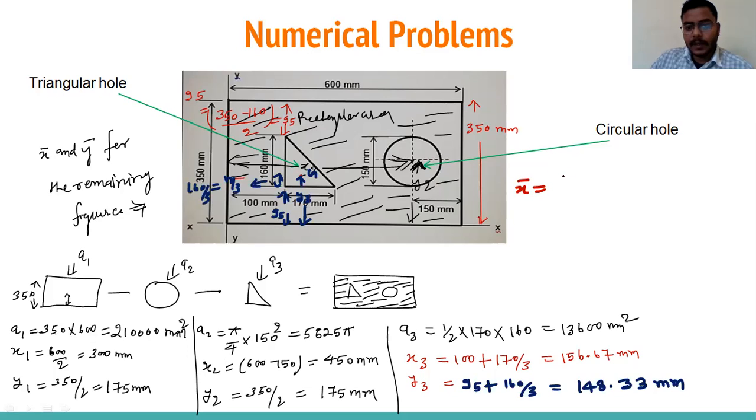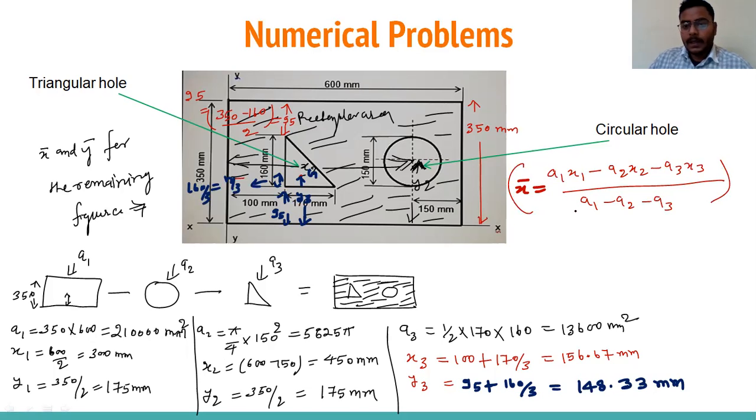X bar will be A1 X1 minus A2 X2 minus A3 X3, divided by A1 minus A2 minus A3. All values we have, so I'm writing the value directly. X bar will come 296 mm.